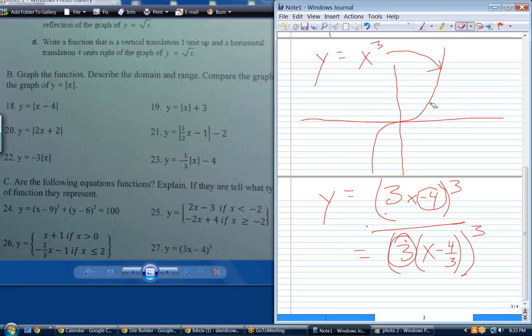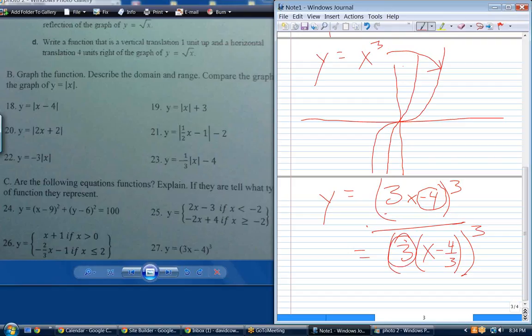If I horizontally shrink it, it's not going to change that. In other words, it will still be a function even if I horizontally shrink it. If I vertically stretch it, it will still be a function. A vertical stretch has the same effect as a horizontal shrink. That's a vertical stretch, but it's still a function.